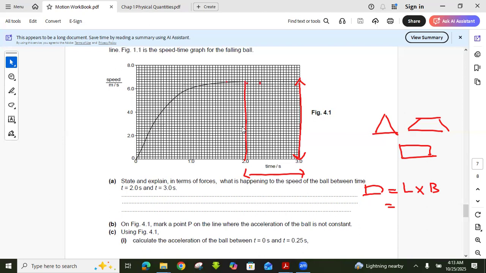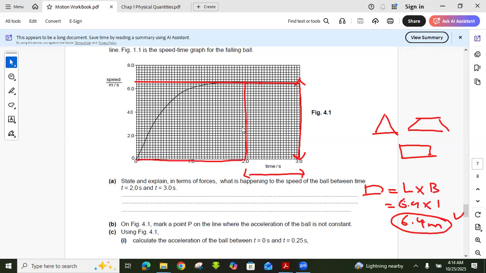We have a constant speed at this point. So our value is 6.2, 6.3, 6.4. So the value here must be 6.4, and breadth here is 1. So 6.4 meters. This is confirmed.